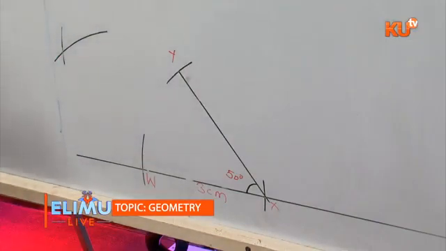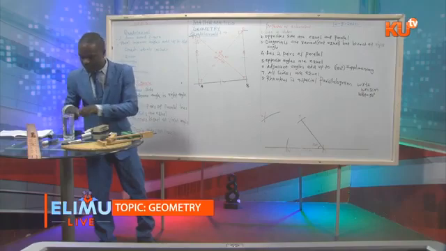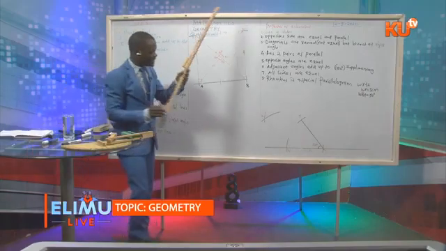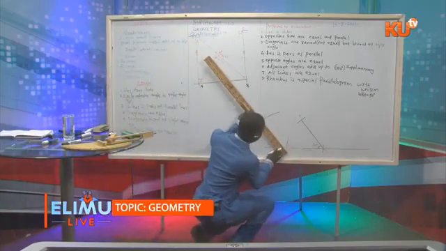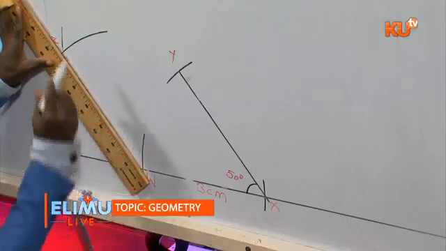Where the two arcs have intersected is point Z. So this is Z. Now you can complete it by joining line WZ.